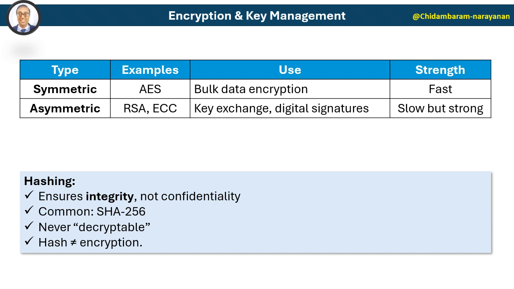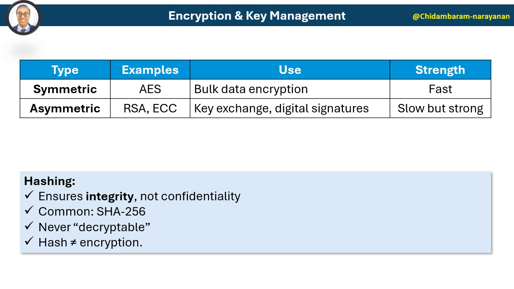AES 256 is definitely the strongest and probably the approved one for top secret information by the US government. And AES as a technology replaced the older DES, the Data Encryption Standard, which is now obsolete and insecure.